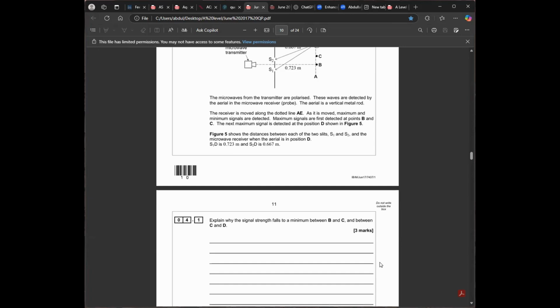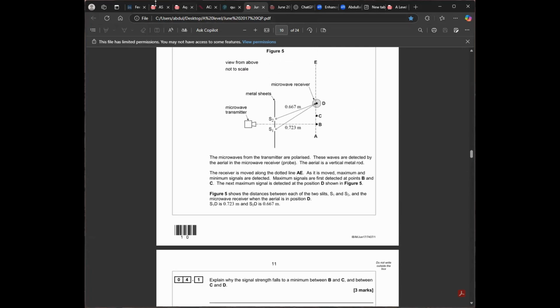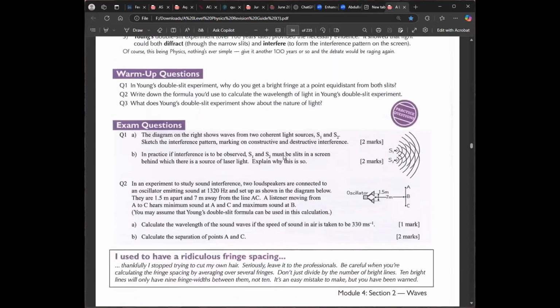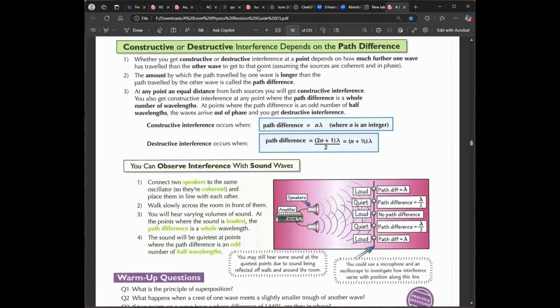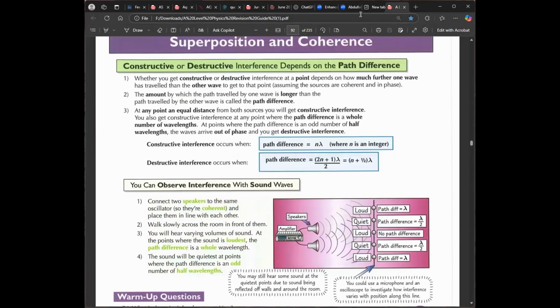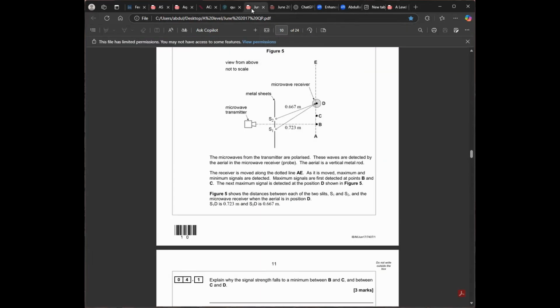So the first step is that there is some path difference. In the book, it talks about path difference, so I think you will start from path difference.